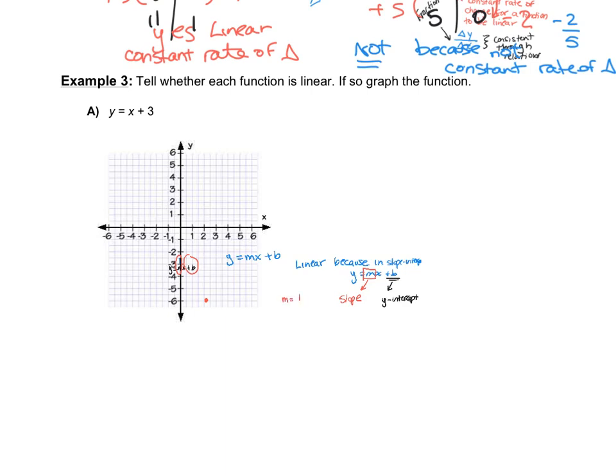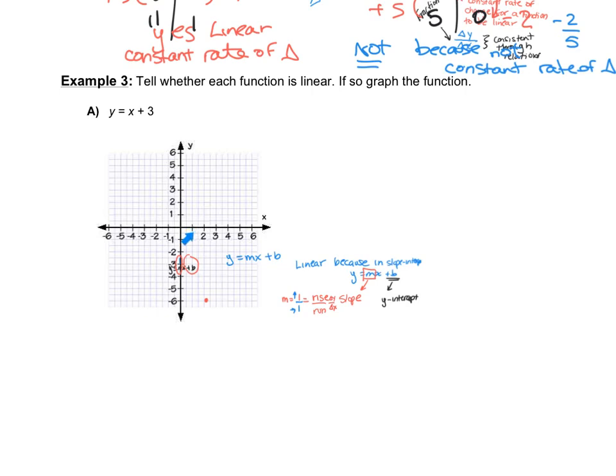If the slope is 1, and slope is rise over run, or change of y over change of x, 1 written as a fraction is 1 over 1. That means you go up 1 unit and to the right 1 unit from your y-intercept. So that is the next point that I would put.